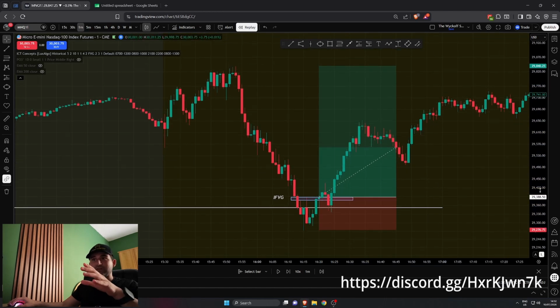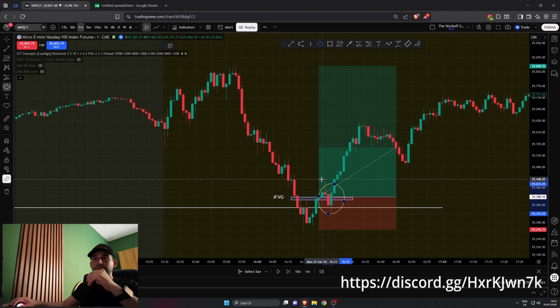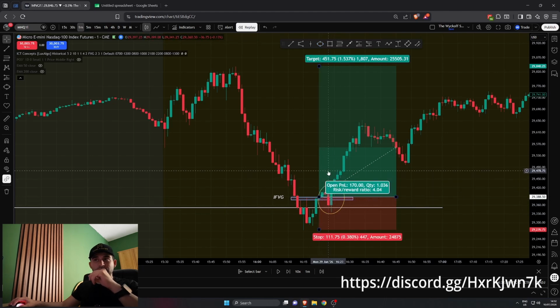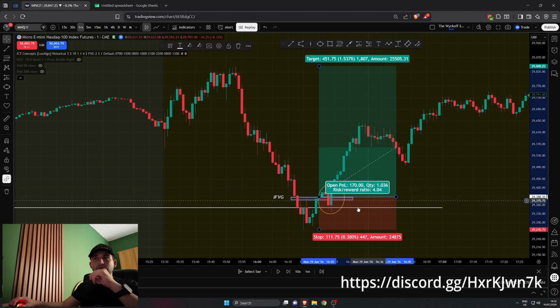If you are scared to take that entry setup, it gave you another chance right here. Price went above the IFVG. It then retraced, made this bearish candle here, and then again a bullish candle.